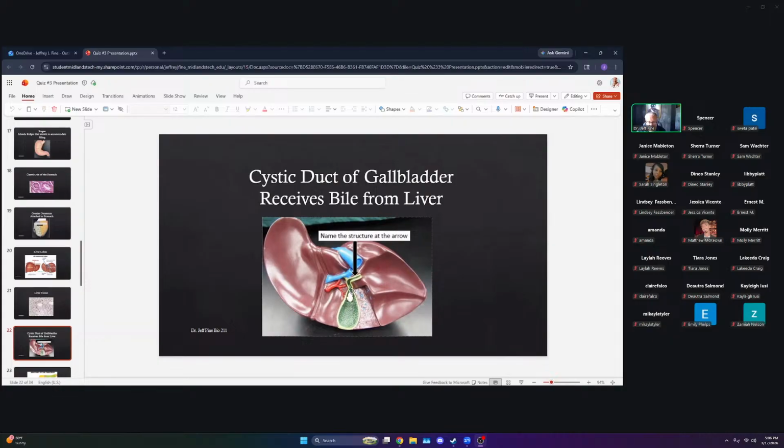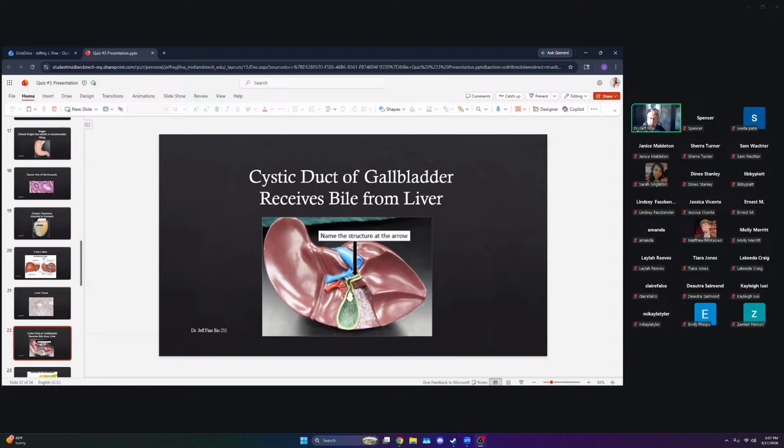We don't see the ducts that carry the bile from either the liver or the gallbladder in this drawing, but we do see the duct called the cystic duct that transports the extra bile produced by the liver into the storage area called the gallbladder.